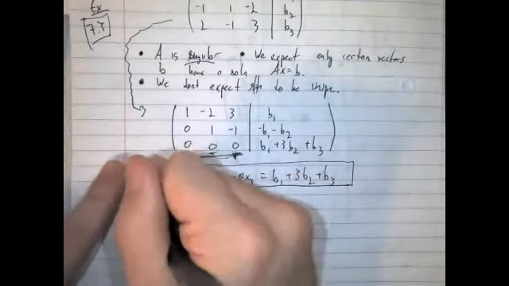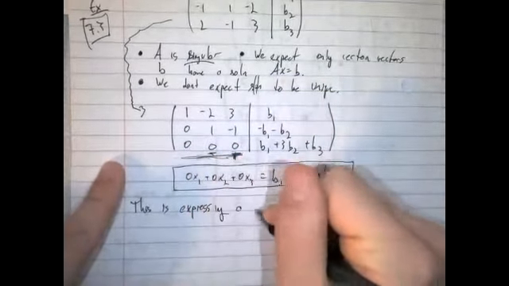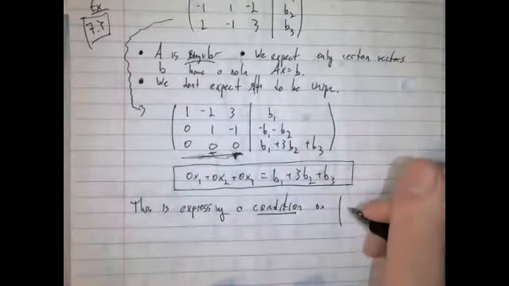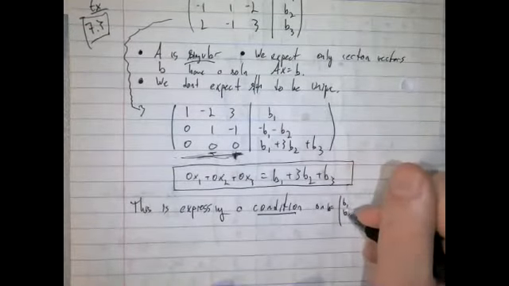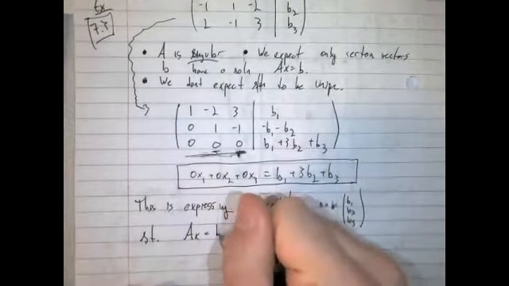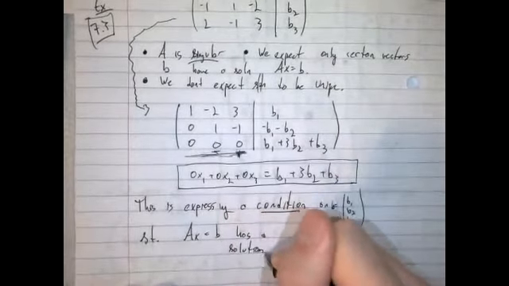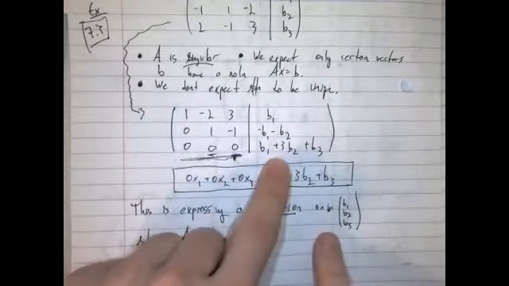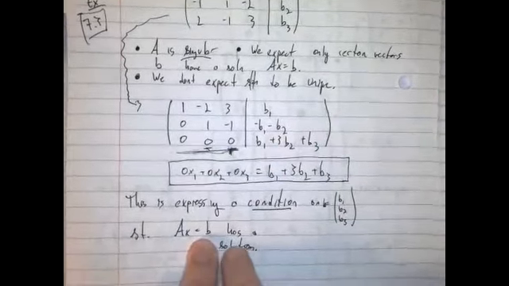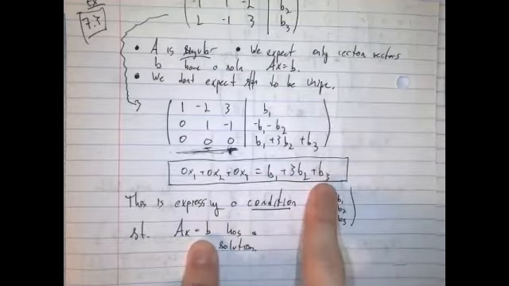This is expressing a condition on the vector B such that AX is equal to B has a solution. This last row is telling me if I want a solution for AX is equal to B, then I have to have b1 plus 3b2 plus b3 is equal to 0.